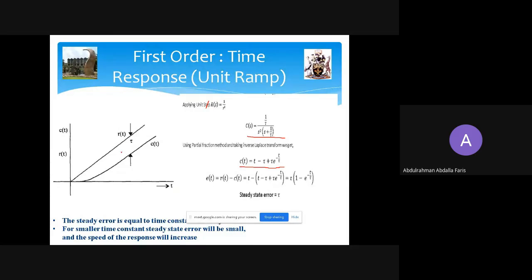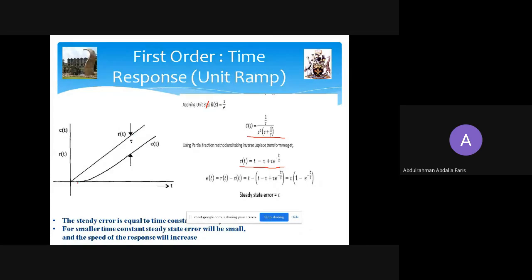So when you plot output and input, we'll end up with this. This is our input, which is a nice straight line from the origin. But for the output, we'll have some delay here, and then it goes up, being parallel with r(t).